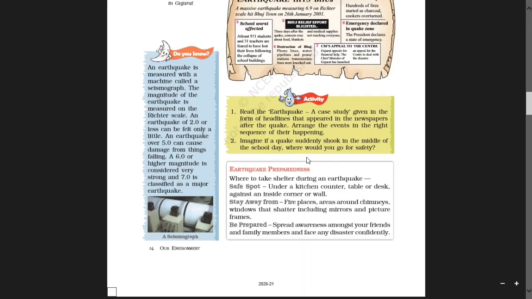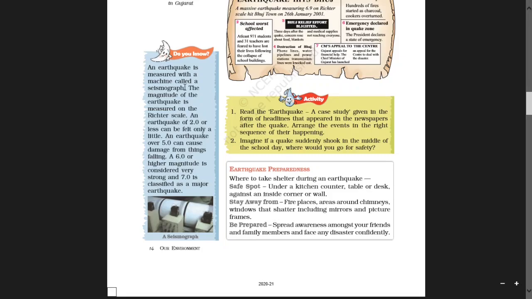Then to your left margin of this page, see here, an earthquake is measured with a machine called a seismograph. It may ask what is a seismograph, or which device is used to measure the movement of an earthquake, how strong the earthquake is.